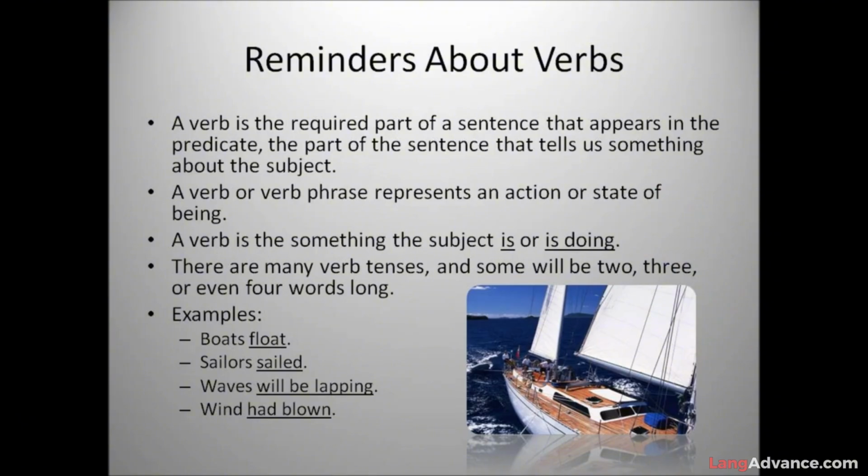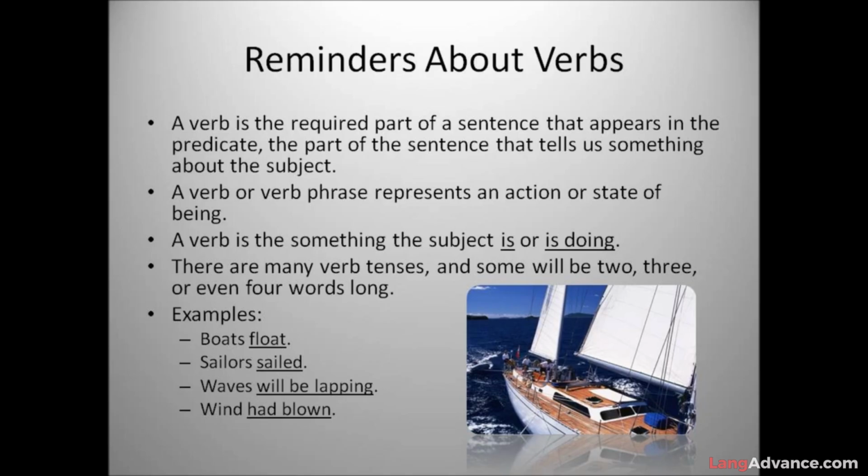As for a reminder about verbs, which are the required part of a predicate of a sentence, it is the part of the sentence that tells us something about the subject. A verb or a verb phrase represents an action or a state of being. A verb is the something the subject is or is doing, and there may be more than one word in your verb phrase because there are many verb tenses.